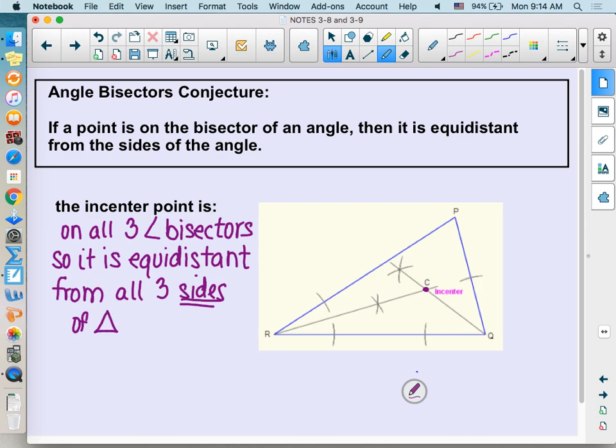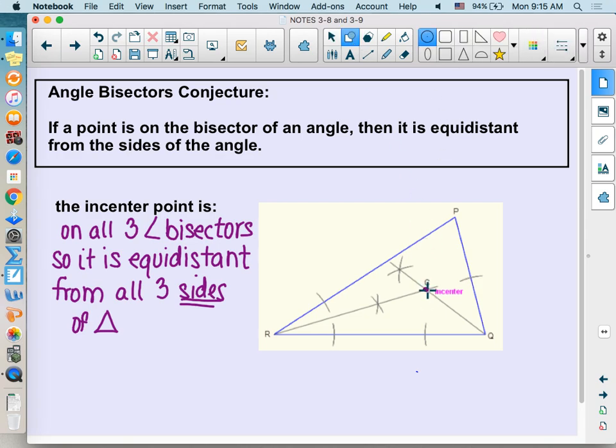So this might be if we have 3 highways and we need to think about how we could find a place that would be equidistant to each of the highways being lines. So what we can do then is we can take a circle, and instead of being able to start from that center point and touch all 3 vertices at the same time, what I'm able to do is start from that center point, and that will be the center.